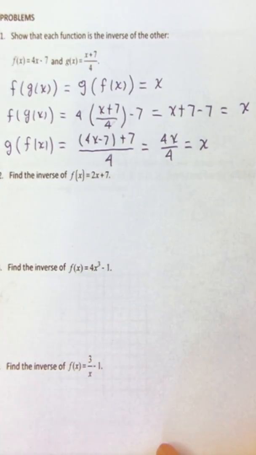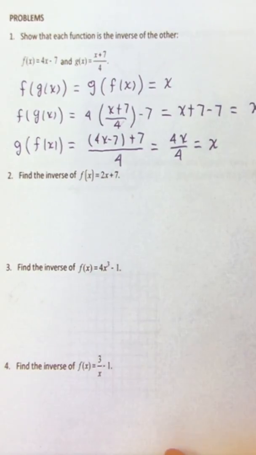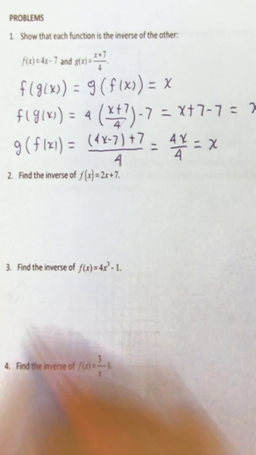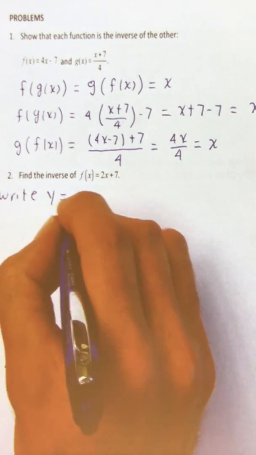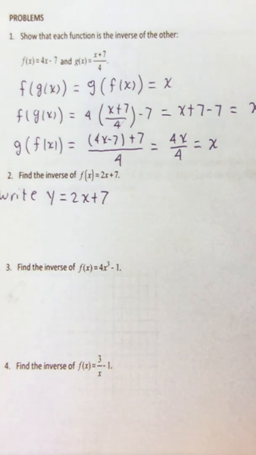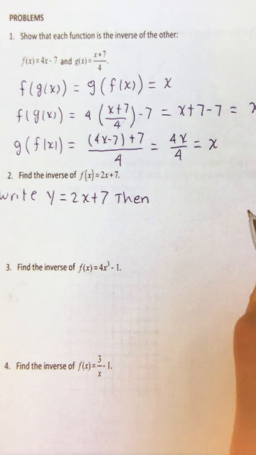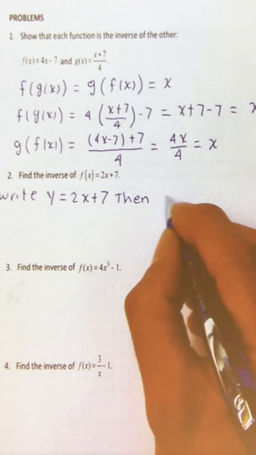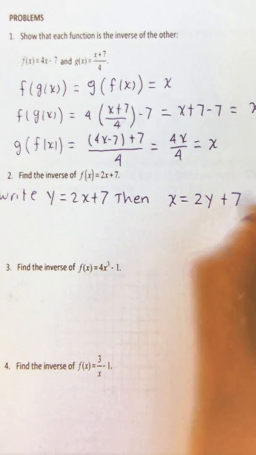Now we're going to find, in problem 2, the inverse of the linear function f of x equals 2x plus 7. So step 1 is to write y in place of f of x, y equals 2x plus 7. Then we wish to interchange the x and y and write x is equal to 2y plus 7.